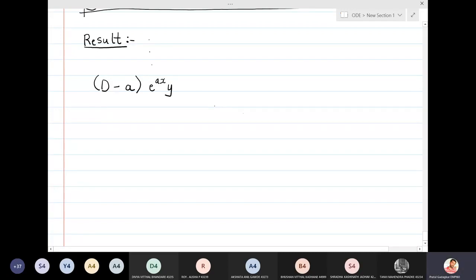So what is this meaning? I will just simply take d of e raised to ax y and then I will multiply a times it. That is d of e raised to ax y minus a e raised to ax y, which is equal to, now what is the derivative of multiplication of two functions? So this is the derivative of u into v type.